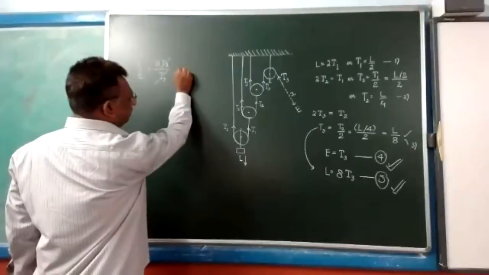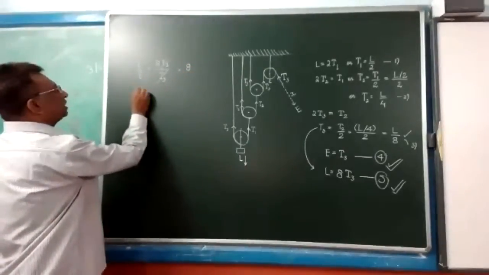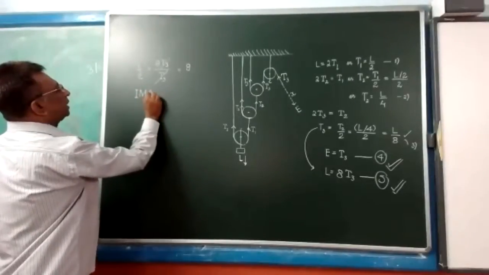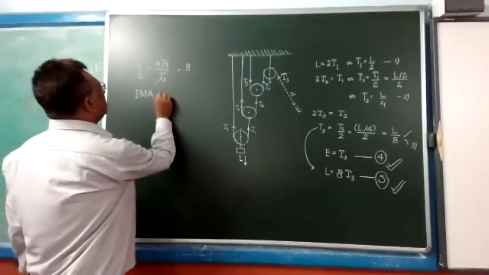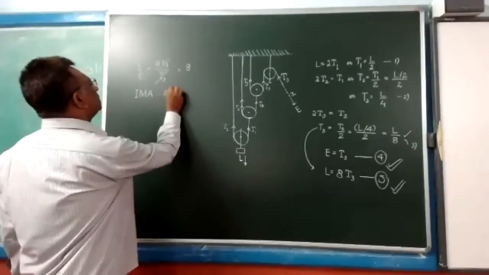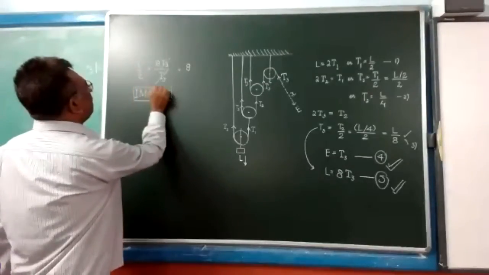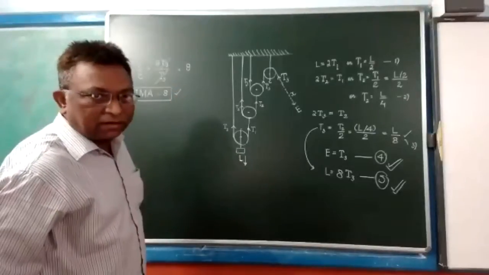We get 8 here. I have used capital L, so capital L upon capital E is IME, and IME is coming 8. This is the value of ideal mechanical advantage. This is the first result.